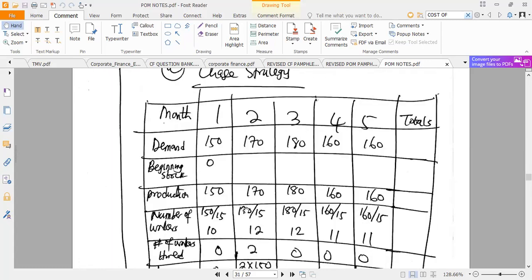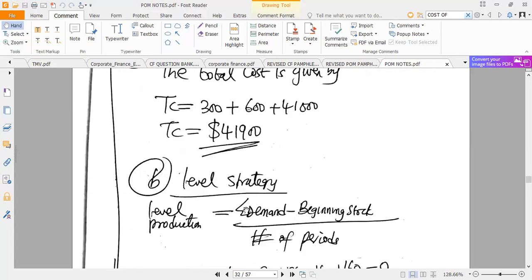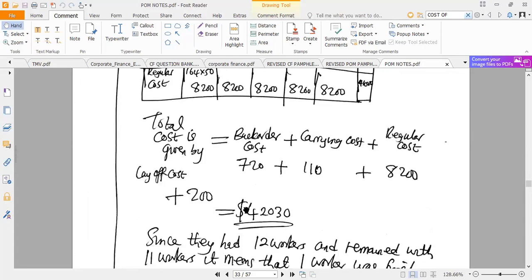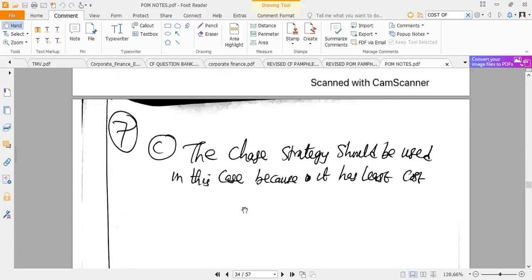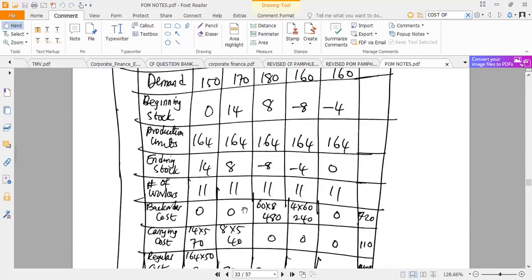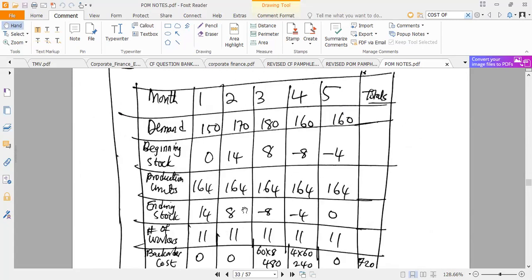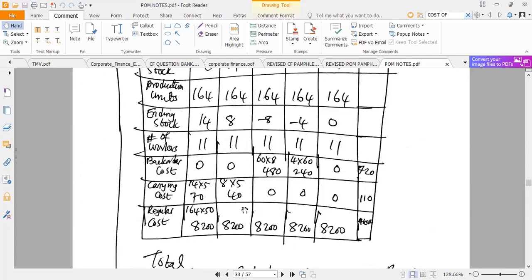We multiply 164 by 50 and get 8,200. We get 8,200 for each month, because it's the same 164 production units per month multiplied by 50 dollars per unit. And then we get the total regular cost of 41,000.